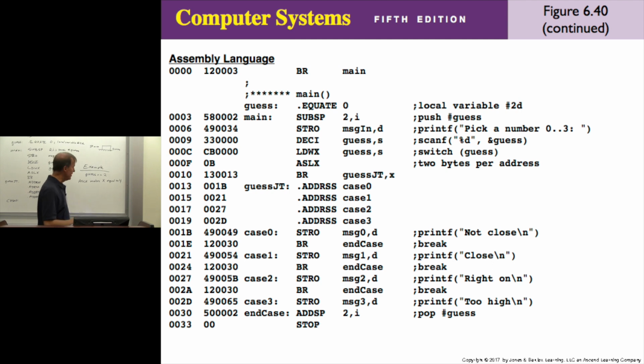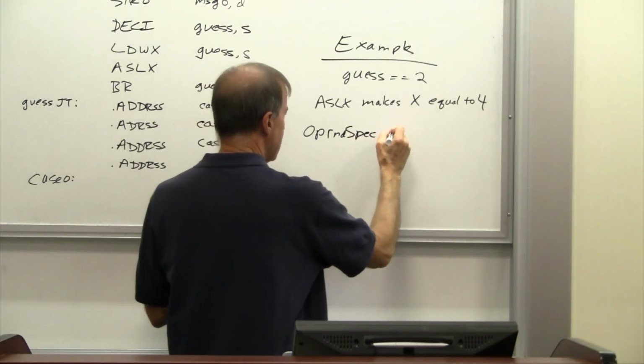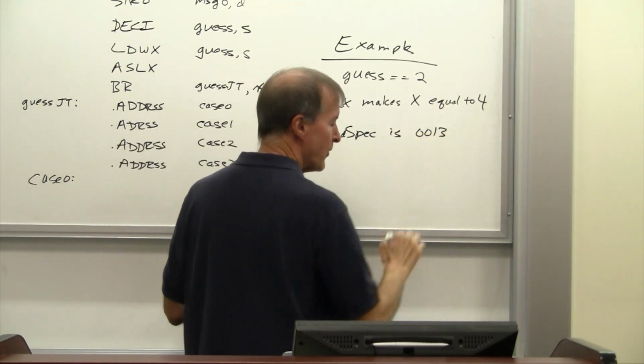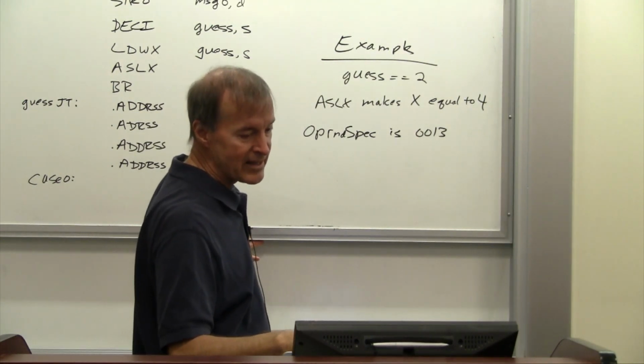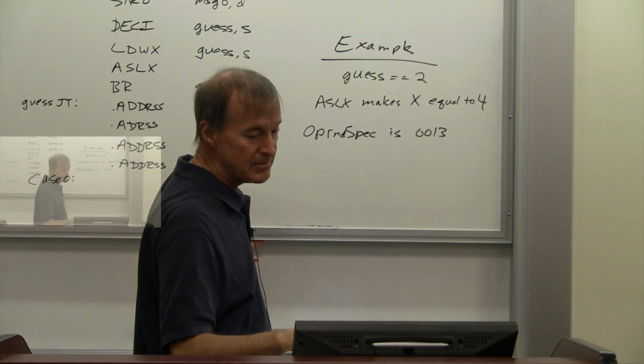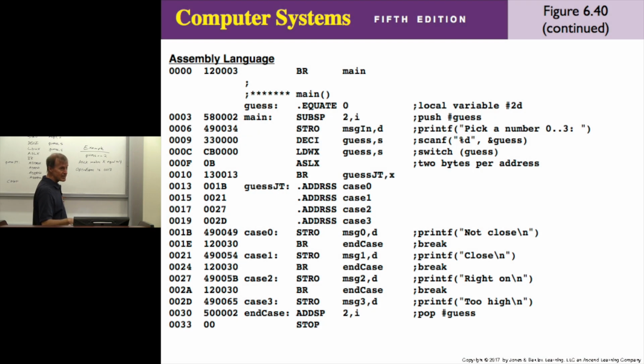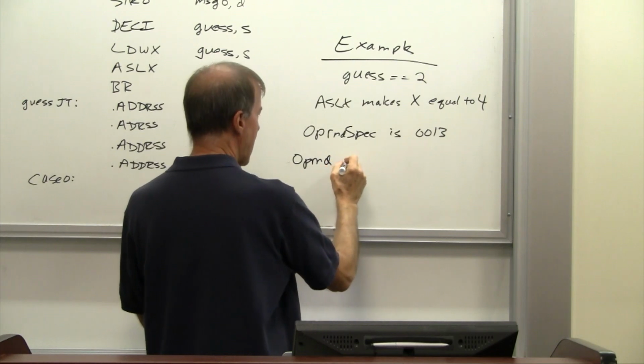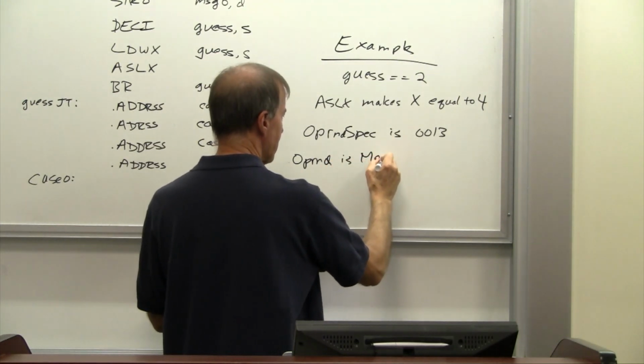But how does indexed addressing work? The operand specifier is what? You see there on line 0010, what is the operand specifier? 0013. So the operand specifier is 0013. And why is that 0013? Because that is the value of what symbol? Guess JT. So how does indexed addressing work? It adds 4 to this. So remember, the operand is mem sub what?